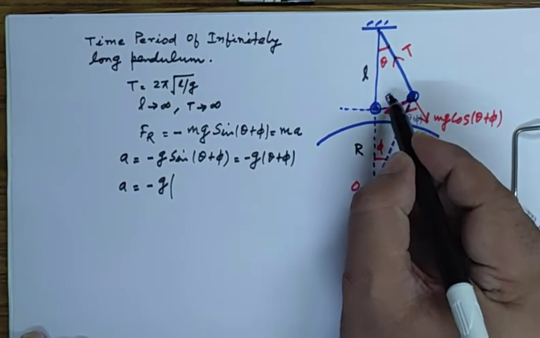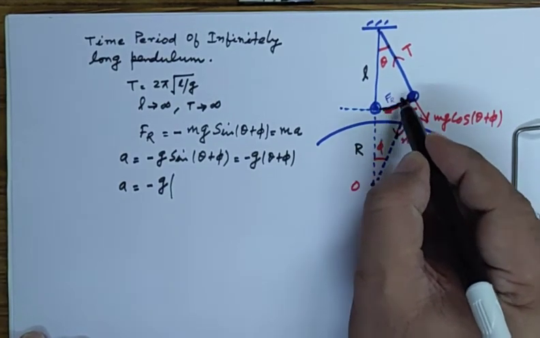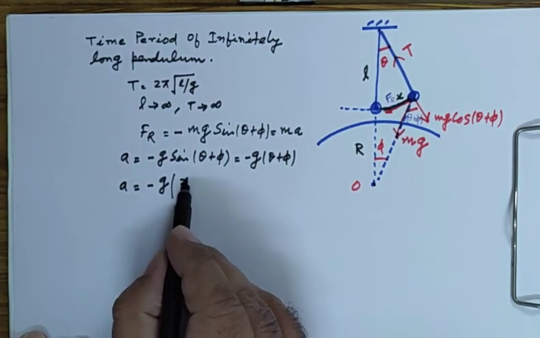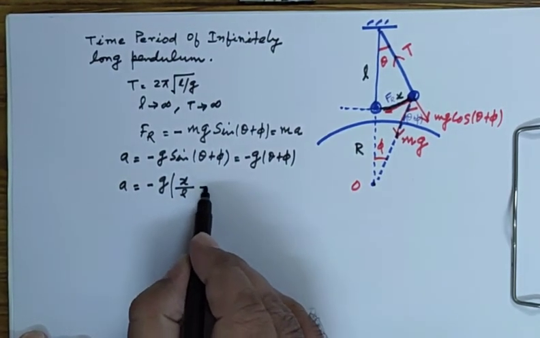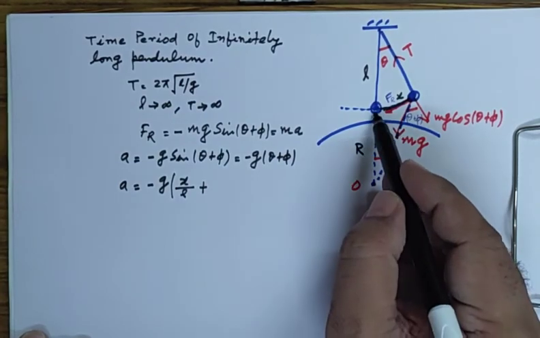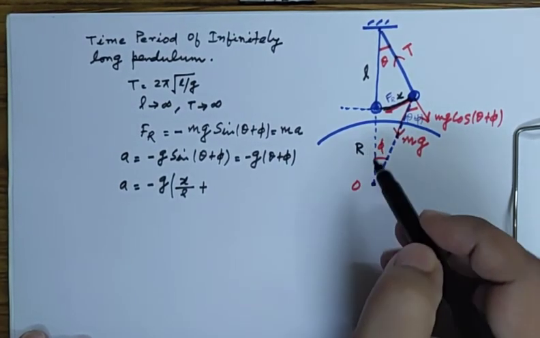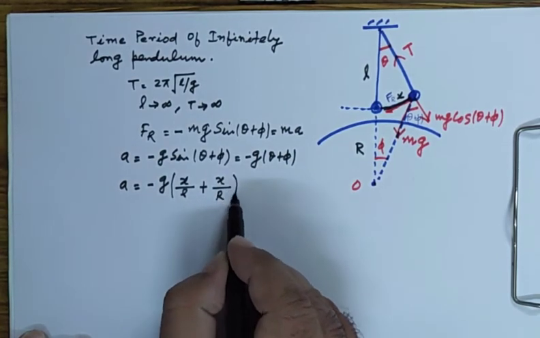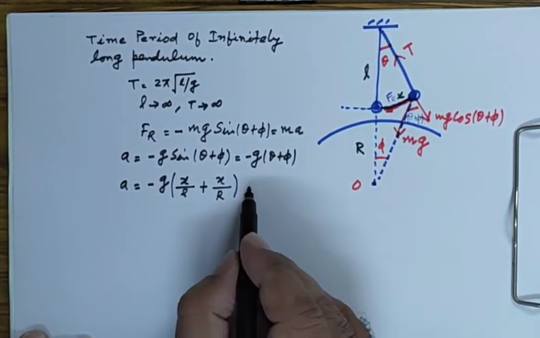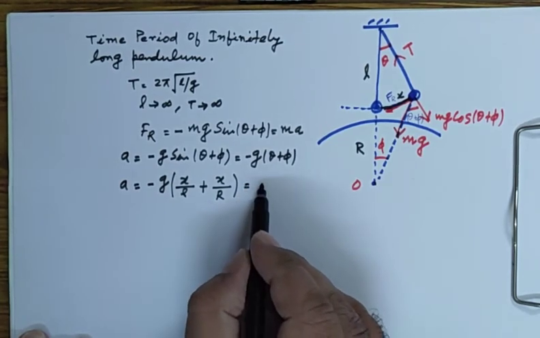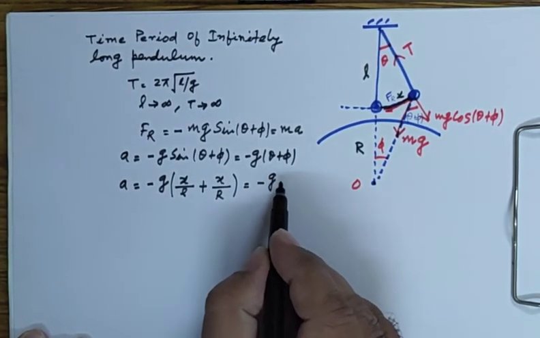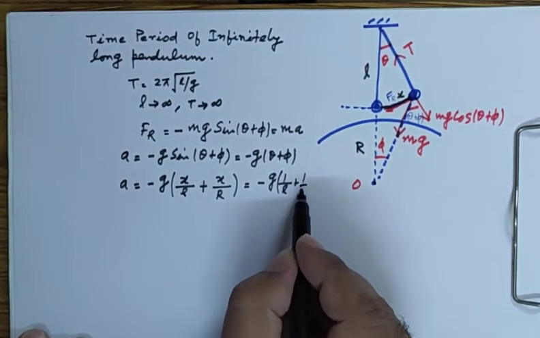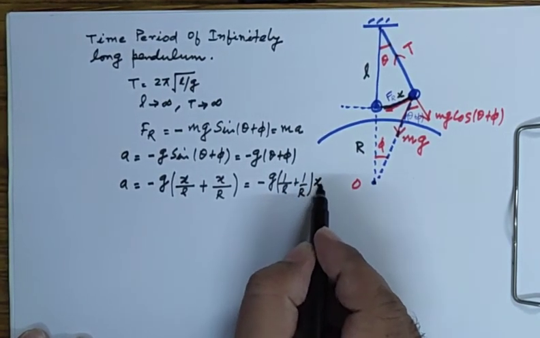Suppose the arc is x, then θ can be written as x by L, plus φ can be written as arc divided by radius, so arc is x and radius is R, the radius of the earth. So this becomes minus g(1/L + 1/R)x.